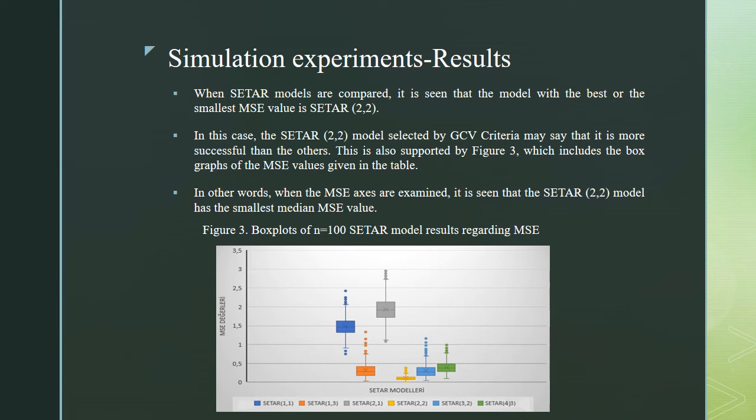This is also supported by figure 3, which includes the box graphs of the mean square error values given in the table. In other words, when the mean square error axes are examined, it is seen that the setter 2 model has the smallest median mean square error value.